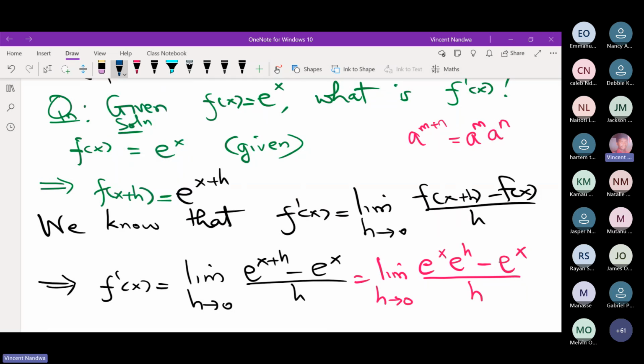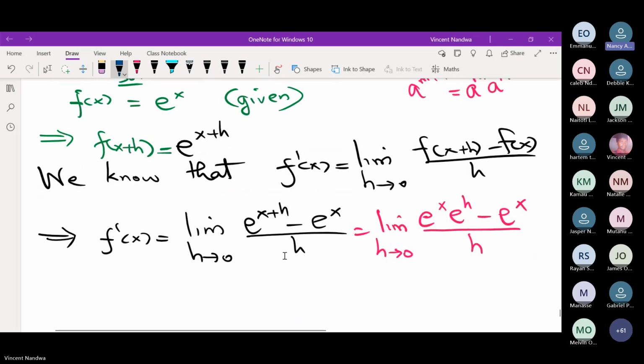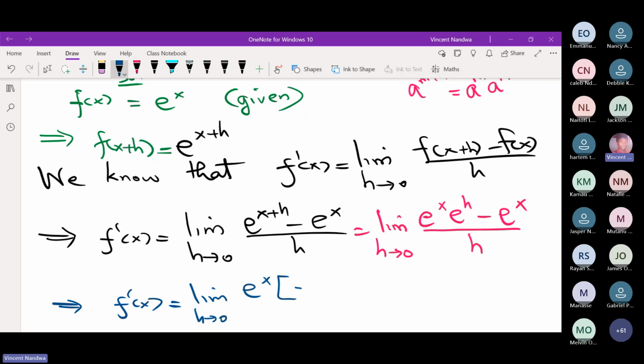So what can you say about the numerator? That's a common factor. And we can factor out e power x, correct? So this implies that f prime of x will be the limit as h approaches 0 of e power x times e power h minus 1, then over h, correct?